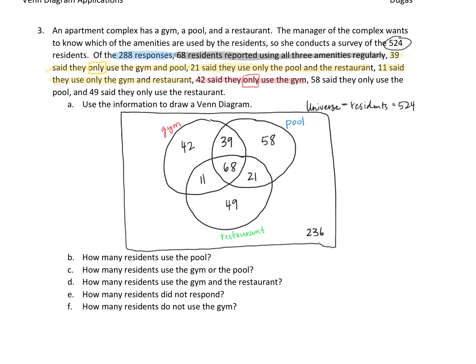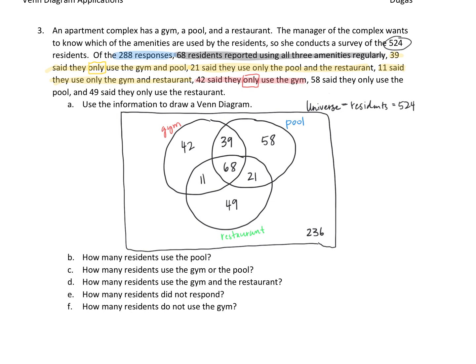So it's 58 plus 39 plus 68 plus 21. So 186. Okay, and it probably should have said how many of the respondents use the pool, because we don't know about the 236. Some of those could use the pool and we don't know.